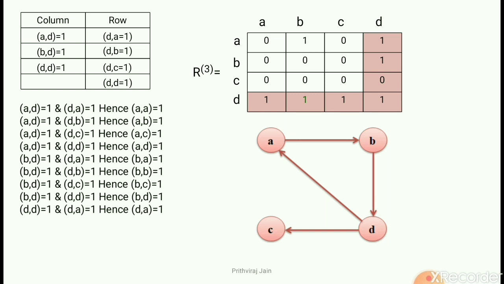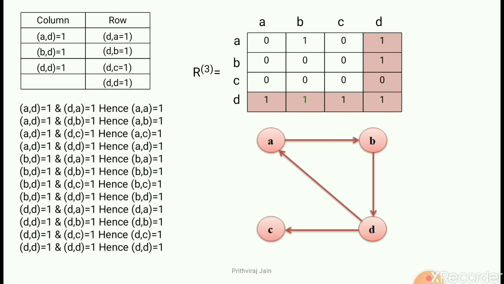Then d to d, d to a, hence there is a path from d to a. Next, d comma d equal to 1 and d comma b is equal to 1, hence d comma b is equal to 1. D comma d equal to 1, d comma c equal to 1, hence there is a path from d to c which is equal to 1.